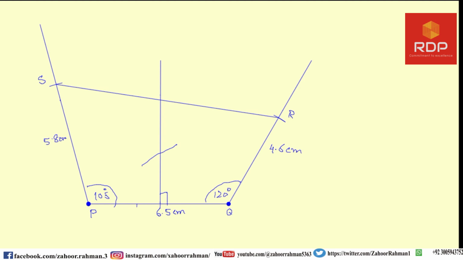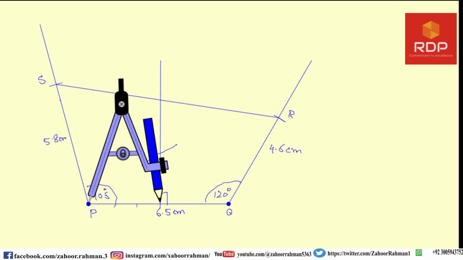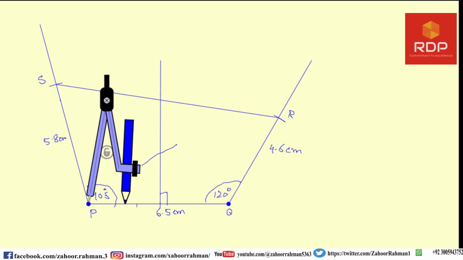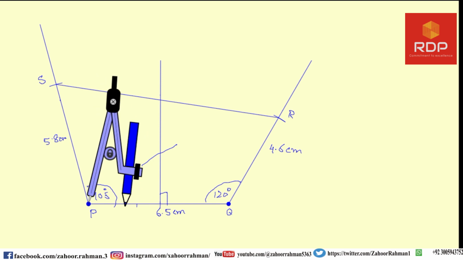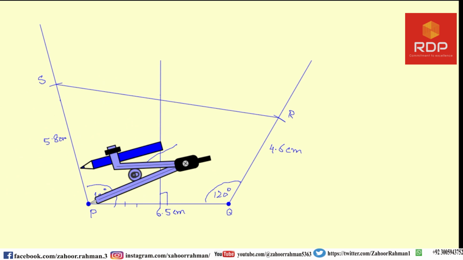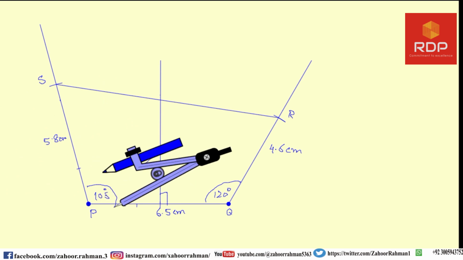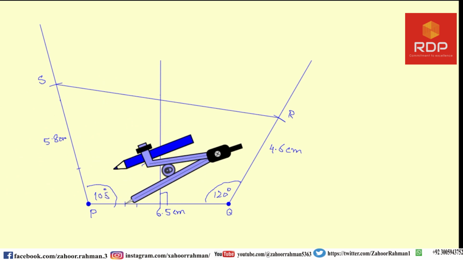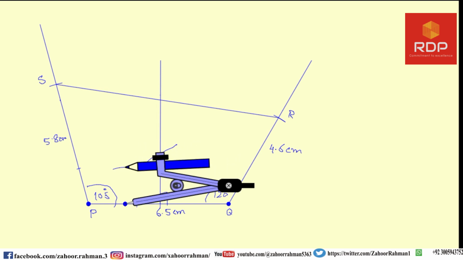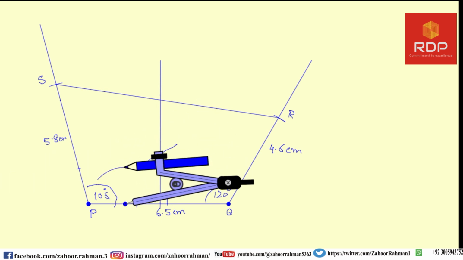Okay, next is that you have to find the angle bisector of P. So here I am making a small arc, bringing this here and arc here, and then making an arc here.